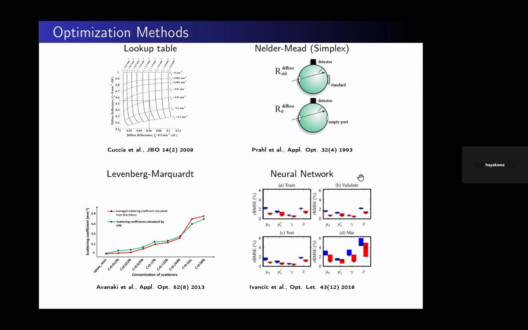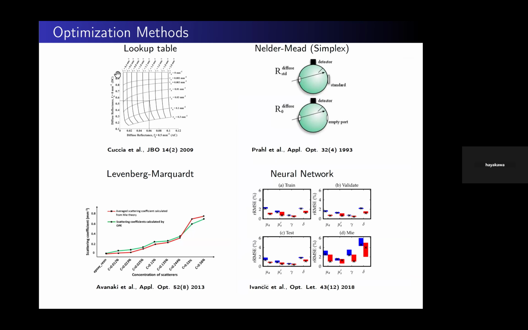So I think the best way is to look at this picture here. I probably should have blown it up, but along this x-axis is reflectance for spatial frequency 0.5 inverse millimeters. Along this y-axis is diffuse reflectance for a spatial frequency of 0. And then these are isocurves of constant mu A and mu S values.